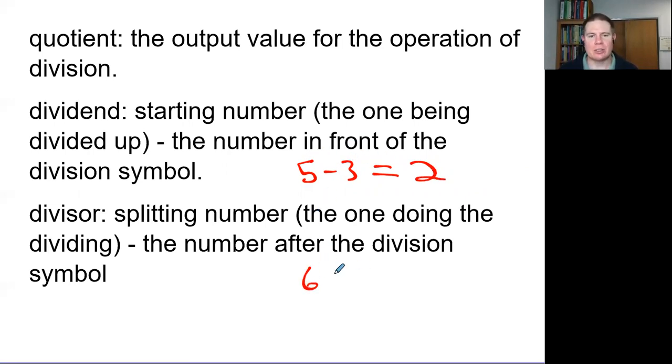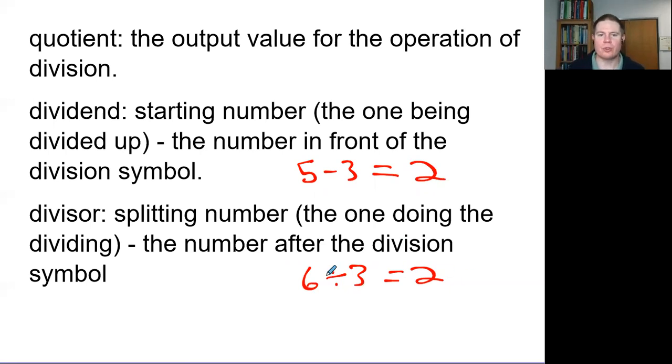Similarly, if I have 6 and I divide by 3, I'm starting with 6 and then I'm cutting that up into 3 pieces. Each one is 2 inches long, right? Or I'm starting with a 6-foot board and I'm cutting that into 3-foot boards. How many boards can I get? I can get 2 of them. Right?